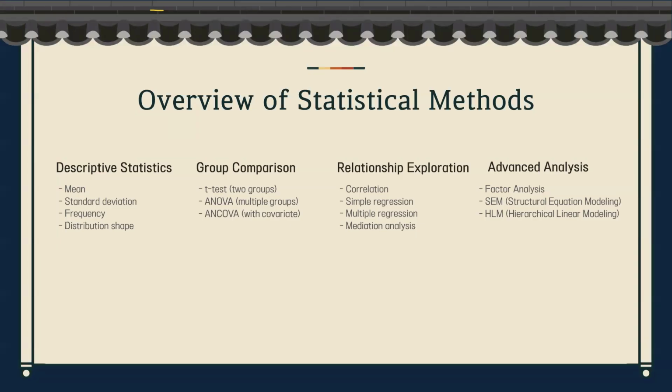Group comparison methods test differences: t-test for two groups, ANOVA for multiple groups. Relationship exploration methods look at how variables are connected: correlation and regression. For your thesis, you might use advanced analysis like SEM or HLM.